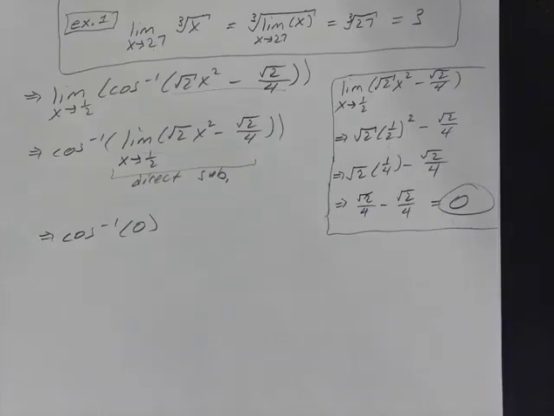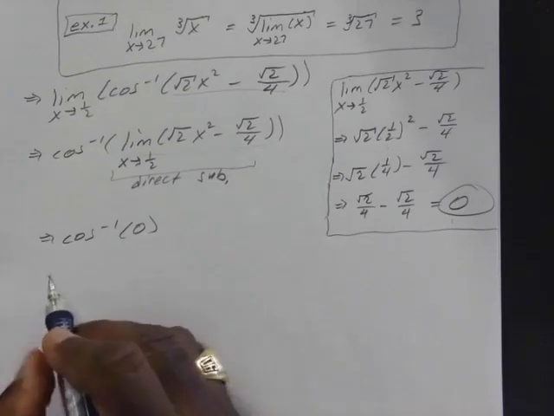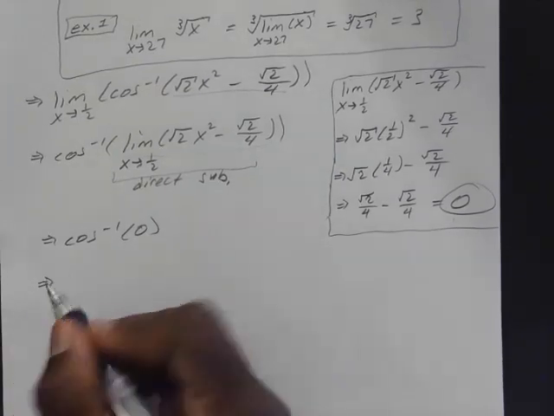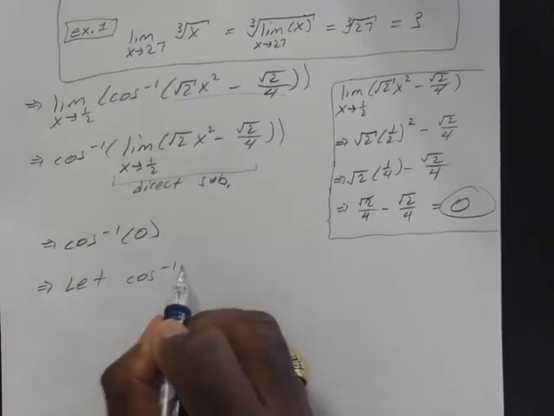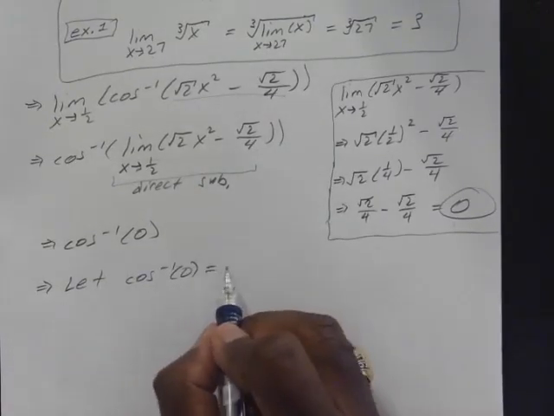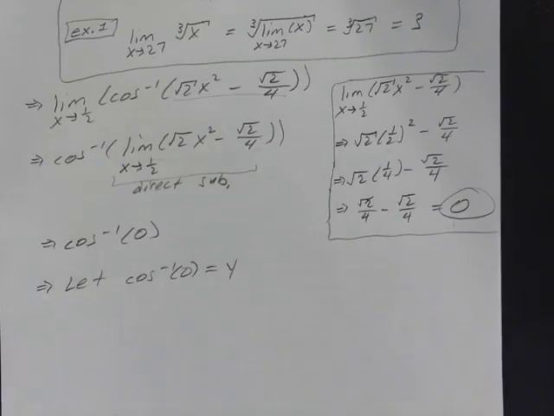Okay. So to do that, we're going to let it equal something. So we're just going to rewrite it, and we're going to let cosine inverse of 0 equal y. Okay.